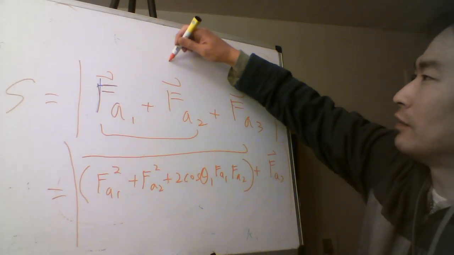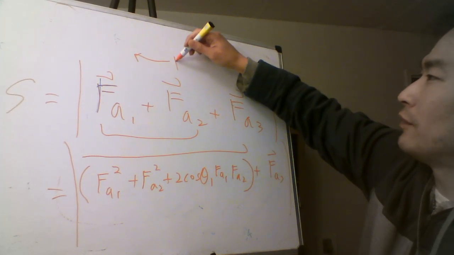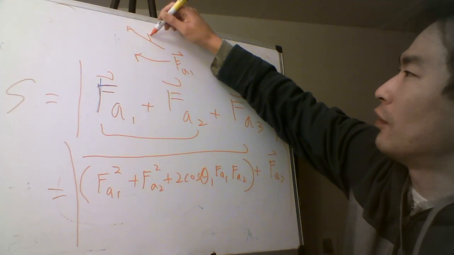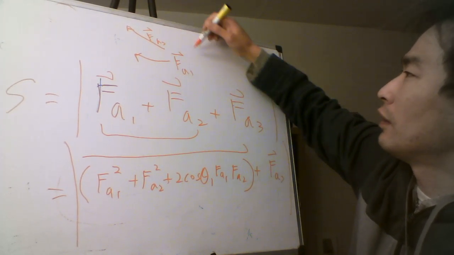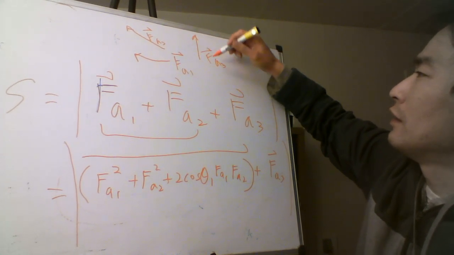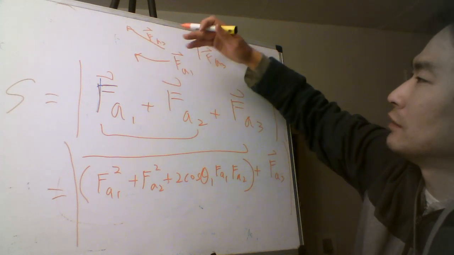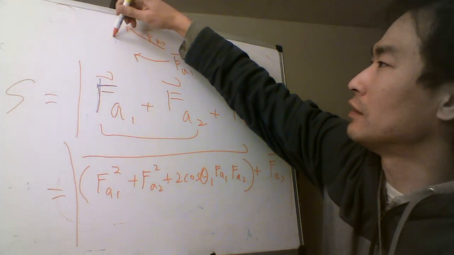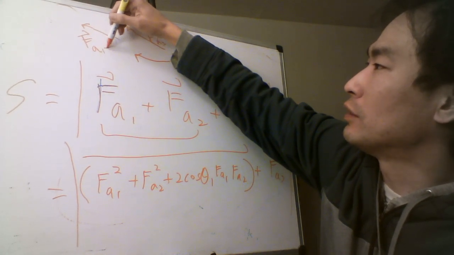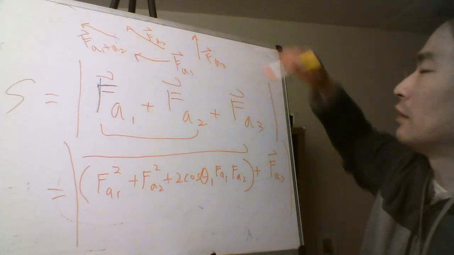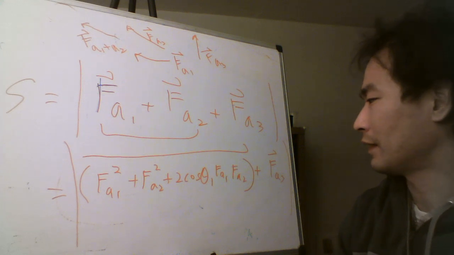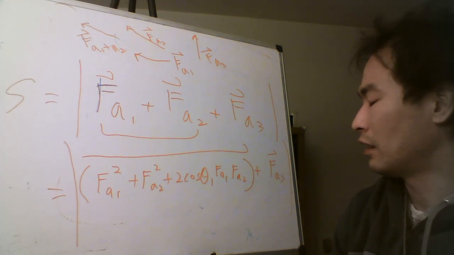So you have F of a1 vector, F of a2 vector, and F of a3 vector. Now we are adding these two guys. Then this resultant vector is F of a1 plus a2. That's this guy.